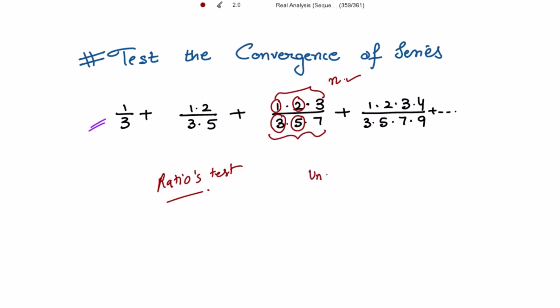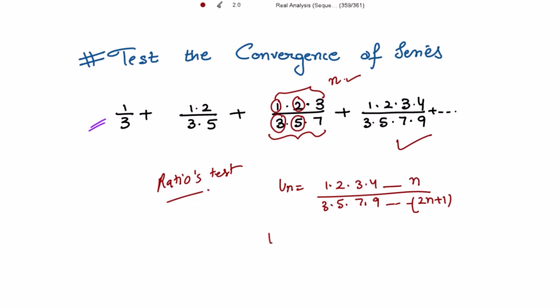We first take un to be the nth term of this series. So taking its nth term to be 1, 2, 3, 4 up to n divided by 3, 5, 7, 9 up to 2n plus 1, I'm taking that to be un. And then we need to get un plus 1.